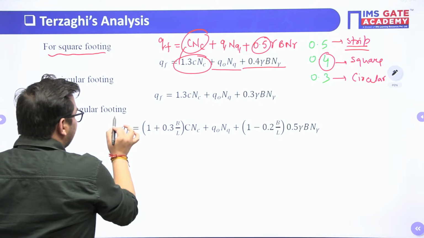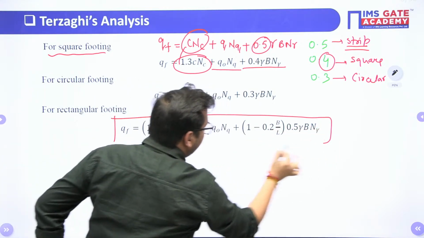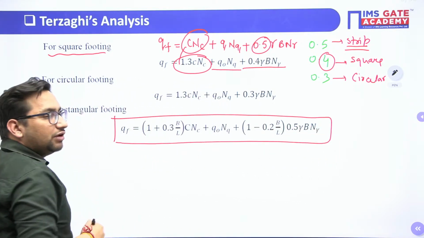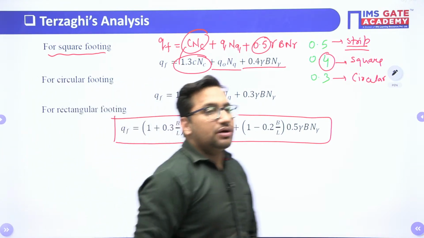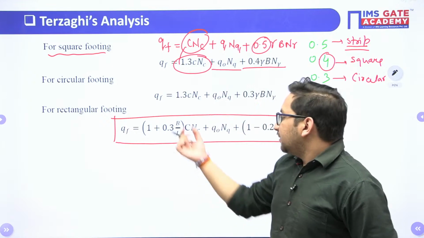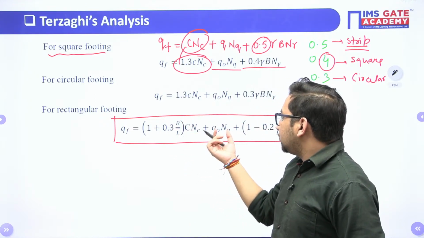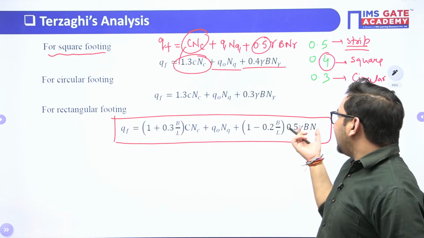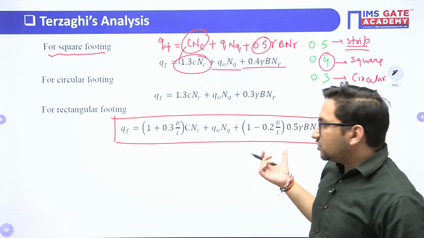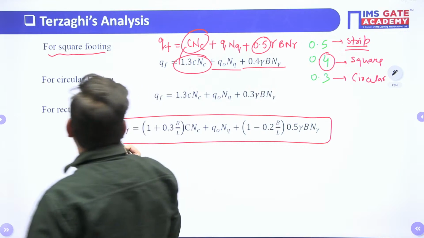If there is a rectangular footing, in a rectangular footing there will be two dimensions, one will be length and one will be width, right? So again this formula will be (1 plus 0.3 B by L) cNc plus qNq plus (1 minus 0.2 B by L) 0.5 gamma B N gamma. I have also given you the trick for this formula.